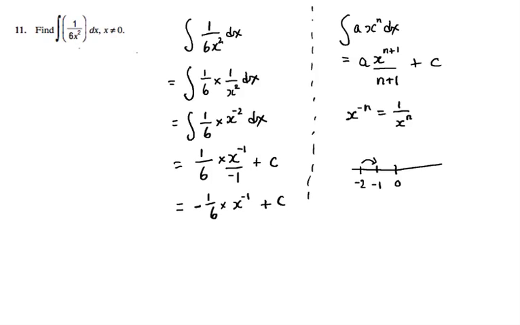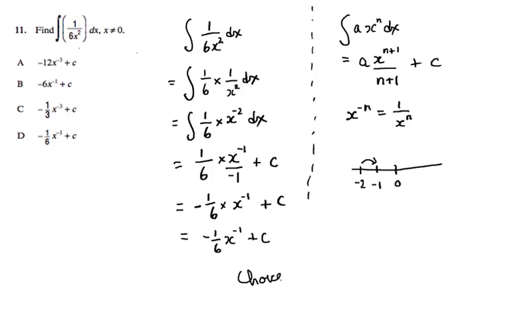And if we look at the choices that are available to us, I think you'll agree that's choice D. Well, the short version, we're allowed to miss out the multiplication sign. And so there we go, choice D.